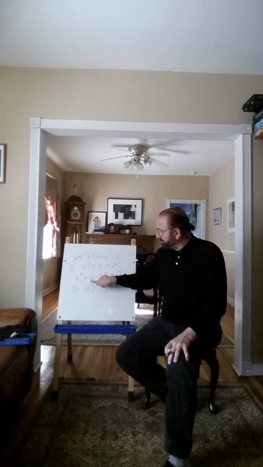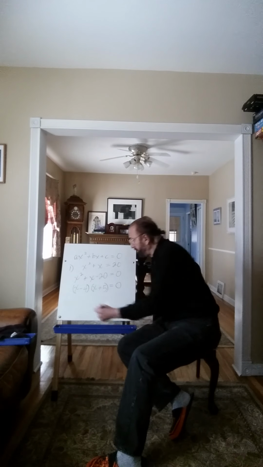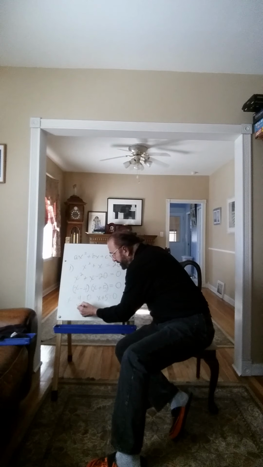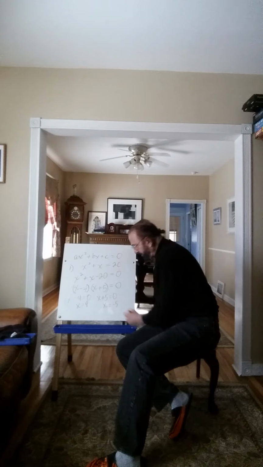I know that this is a factor and this is a factor. This factor times this factor is supposed to give me 0. Now, one of those or both of them has to equal 0 to give me a 0. So x minus 4 equals 0, x plus 5 equals 0. And if you notice, x equals positive 4, x equals negative 5.